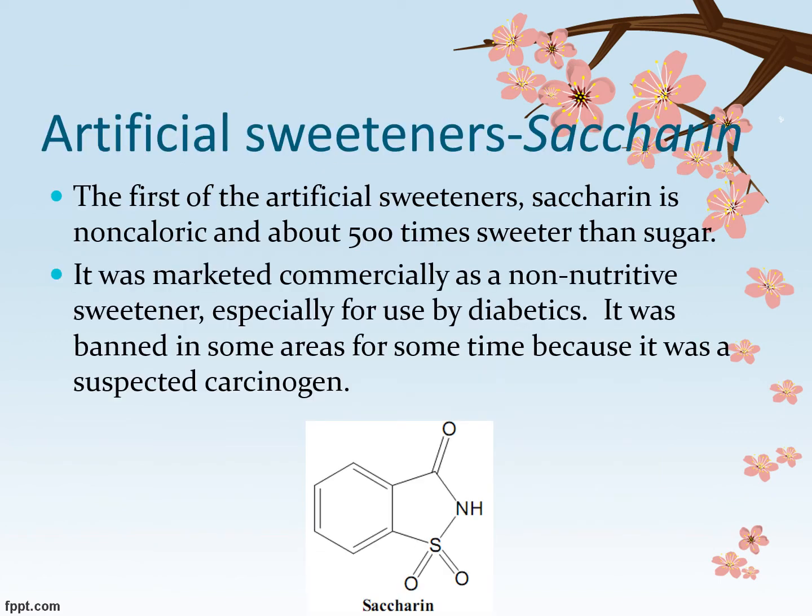The last part is artificial sweeteners. Now the difference between artificial sweeteners and the other 4 classes of carbohydrates is that artificial sweeteners are non-calorie, meaning they don't have calories.